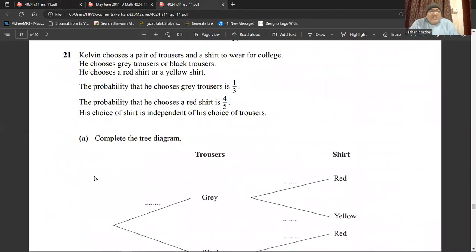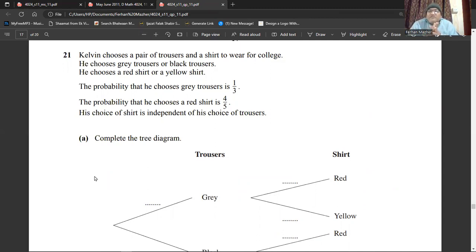He says Calvin chooses a pair of trousers and a shirt to wear for college. He chooses gray trouser or black trouser. So there are two trousers, the colors of the trouser, black or gray. And he chooses a red shirt or a yellow shirt. The probability that he chooses gray trouser is 1/3.